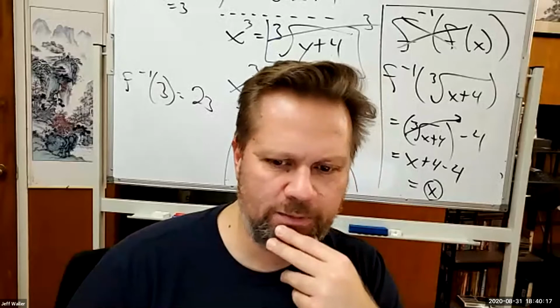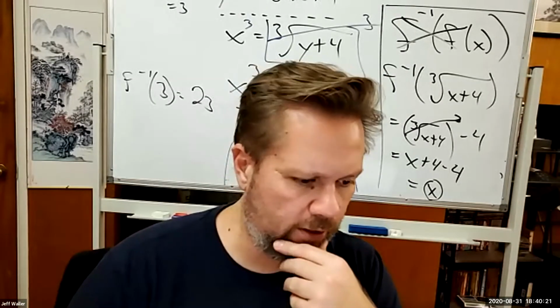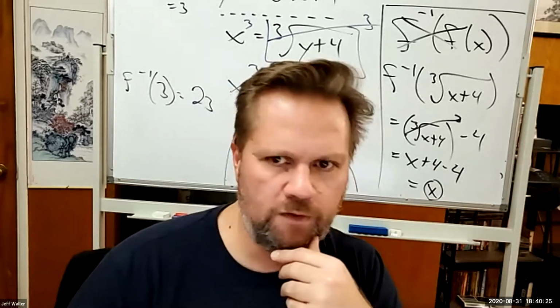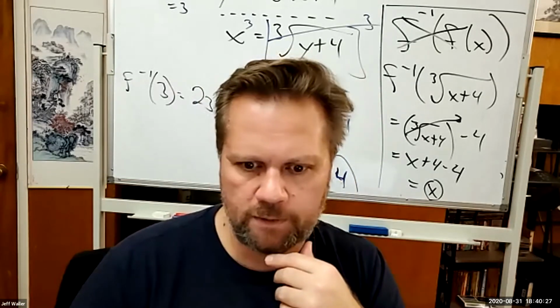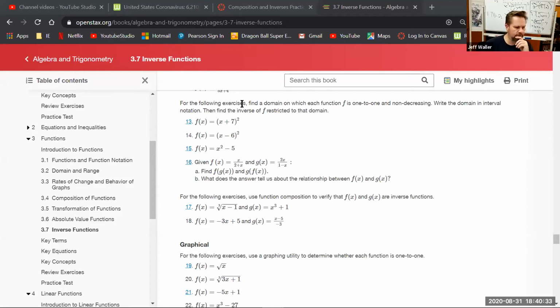So let me share this. I got so much stuff open on here. This is insane. I can't believe my computer has not died. Let me move you guys over there. Let me share this. All right, so here's the problem. Right there, this one. It says, find a domain on which each function f is one-to-one and non-decreasing.